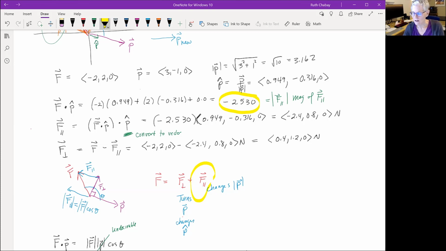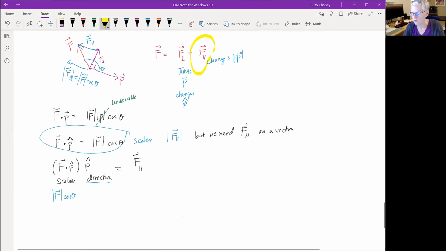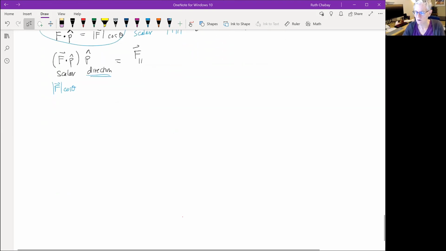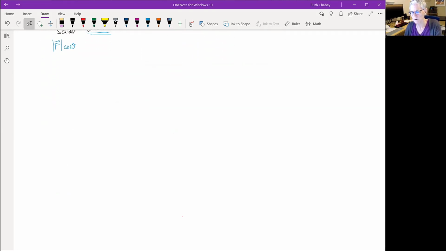It came out negative, which means that the angle is greater than 90 degrees. So we need to just multiply by P hat. Okay, so the next piece of what we want to do is think about parallel and perpendicular components of forces and of dp dt in cases where things are going around in curves.